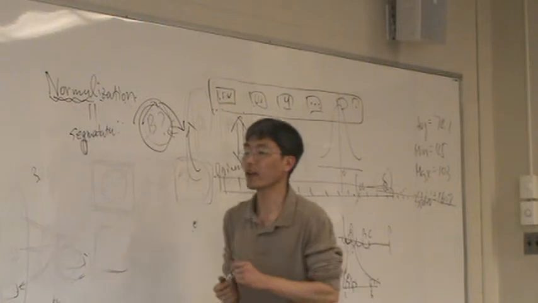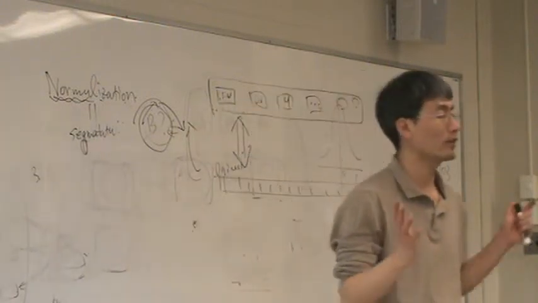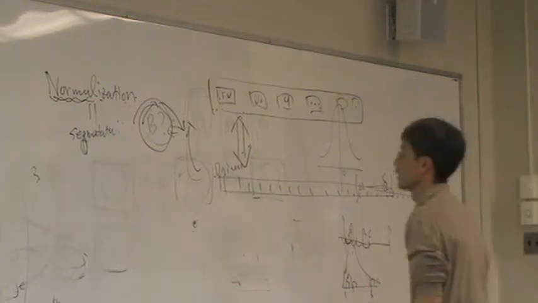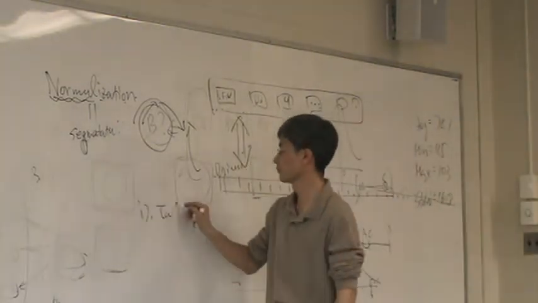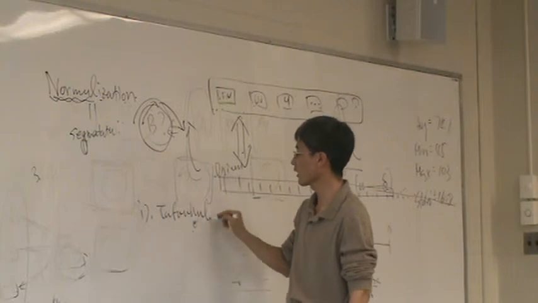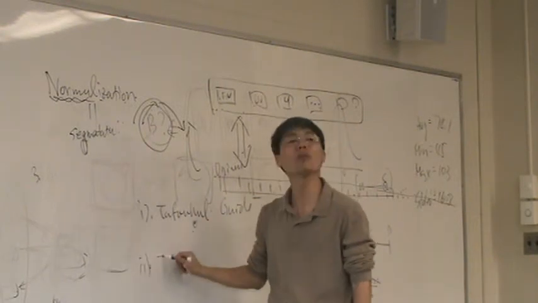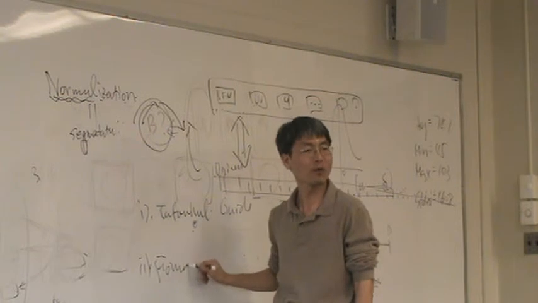There are two ways to normalize, to make our database design better. The first one is the informal way, informal guideline. The second is the formal way, formal definition.